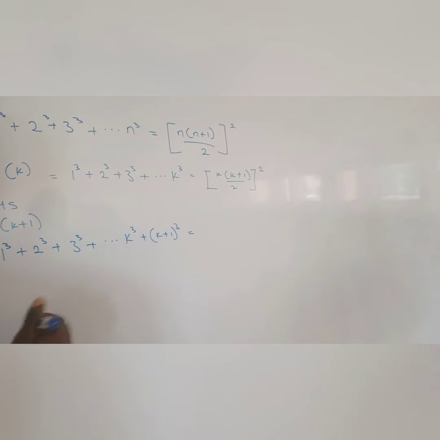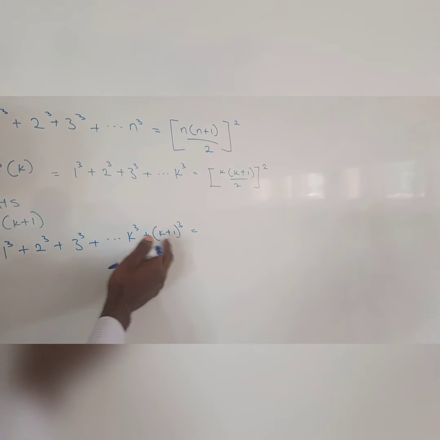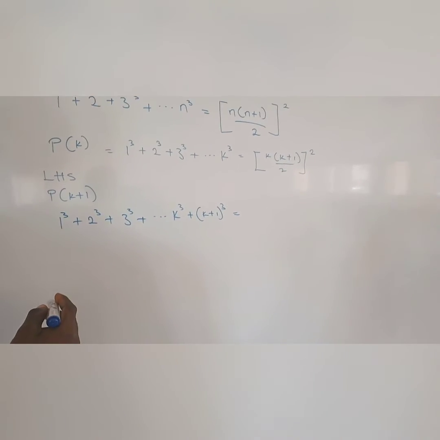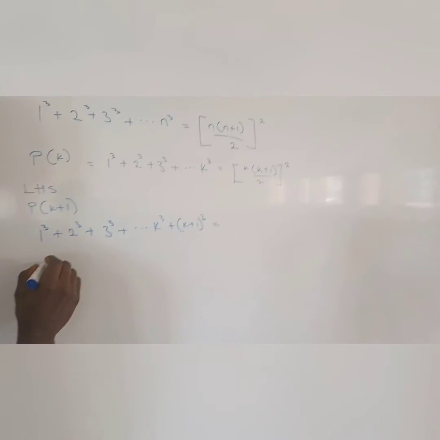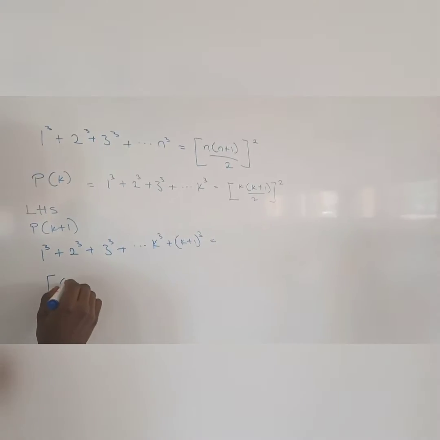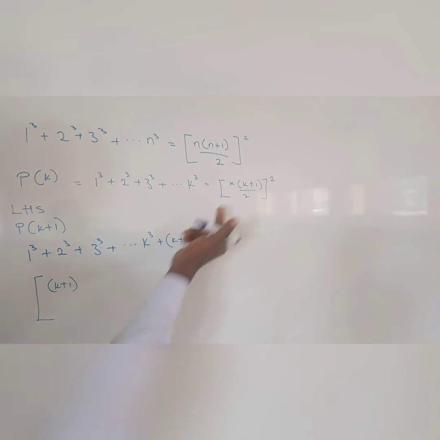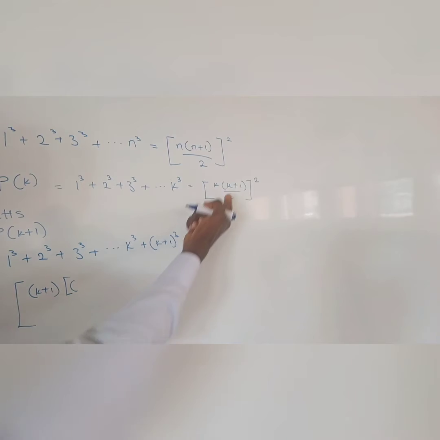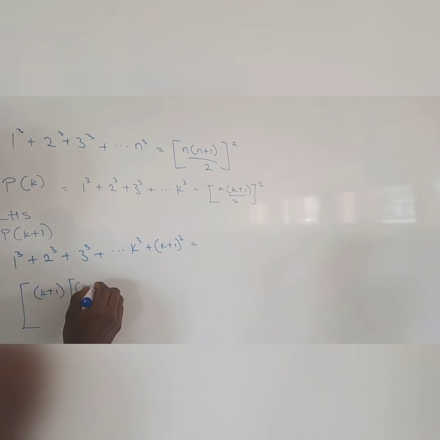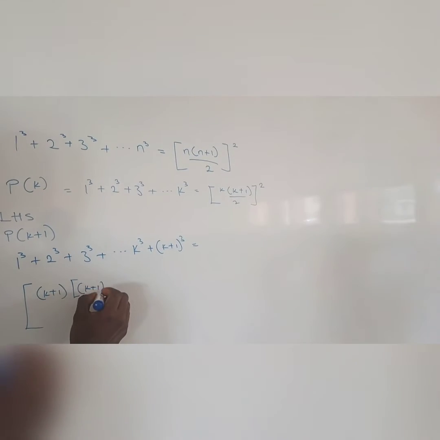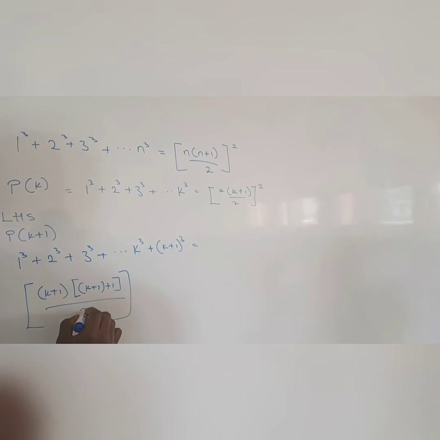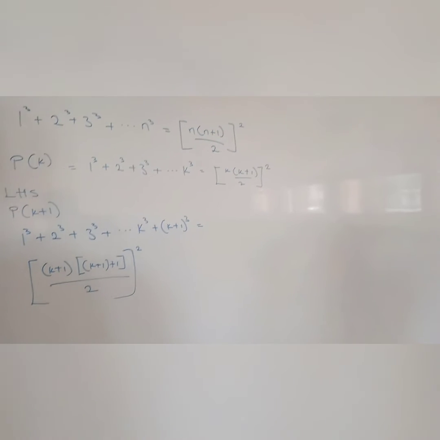and for the left hand side, inputting this into this, wherever we have k, we input k plus 1. Now we're going to have k plus 1, that's for this, and our next bracket, we have (k plus 1 plus 1) all over 2, squared.